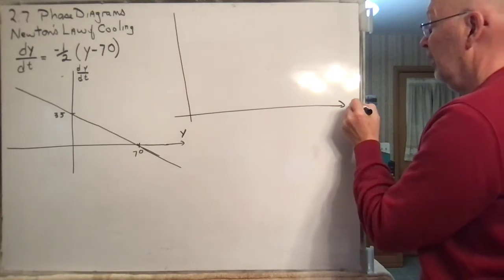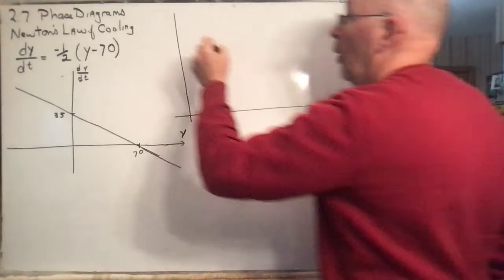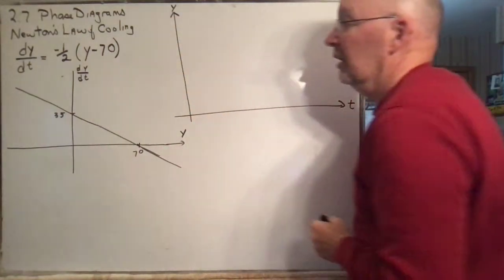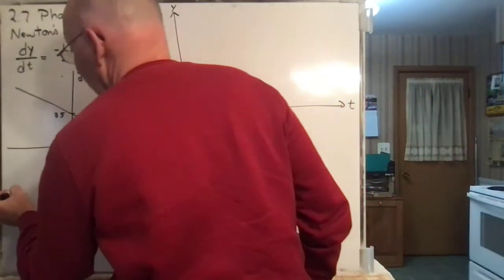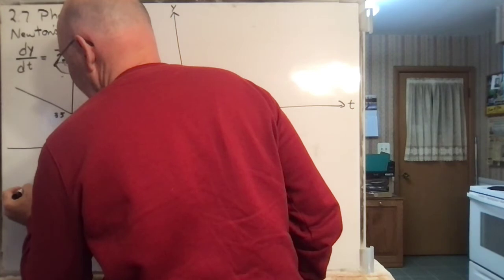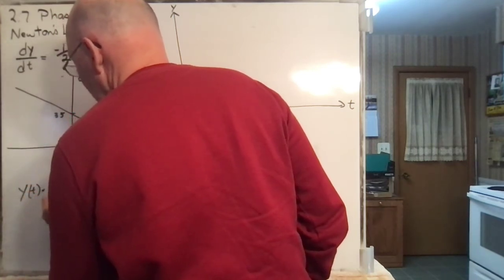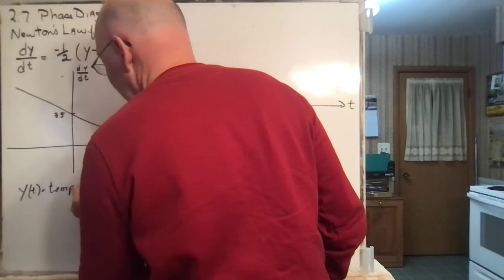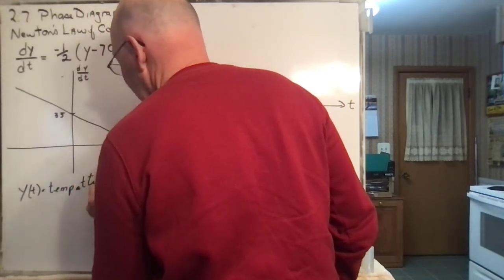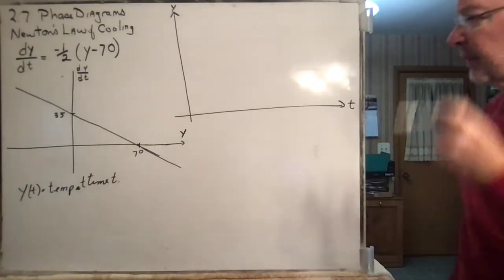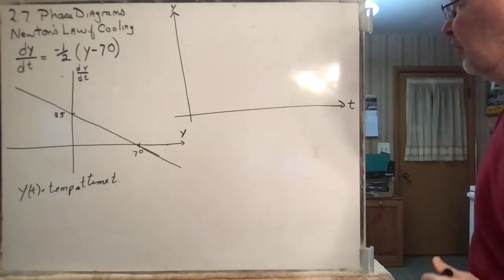The solution is going to be y versus time, right? Recall, as I already said, y of t is the temperature at time t. So how do we find the solutions? Here's what we do.